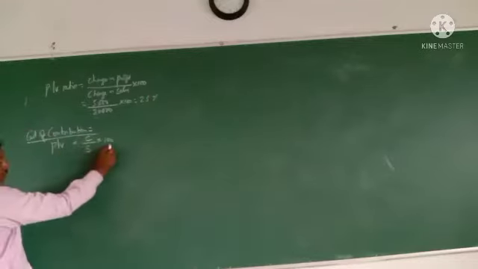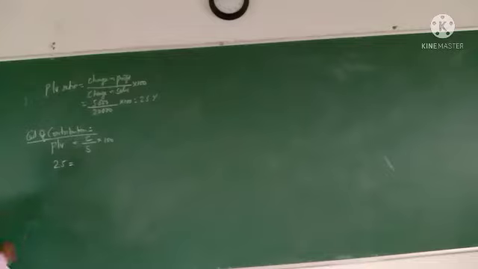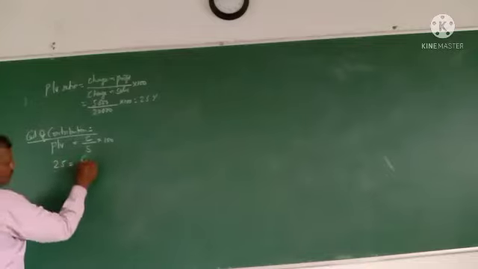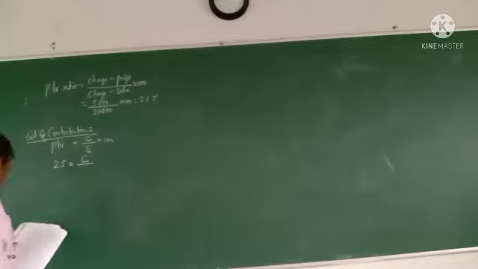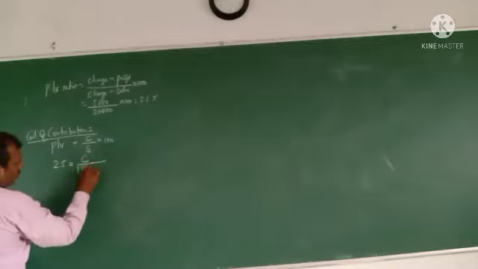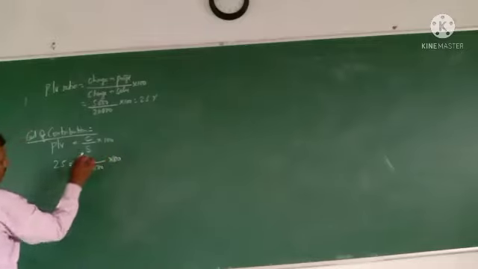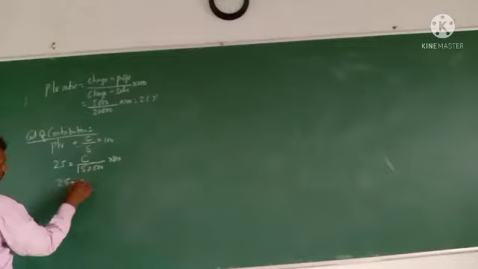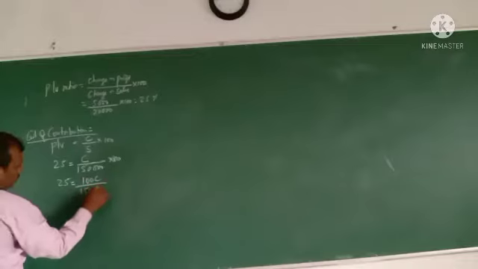When you multiply with 100 on the other side, no need to write the percentage, just write 25. PV ratio we have, contribution we don't have, sales we have; base year sales we have to take, 1,50,000. So 25 equals 100 into C divided by 1,50,000.